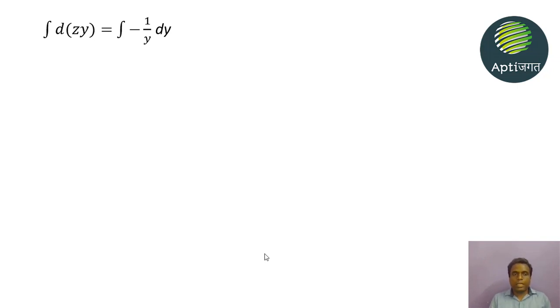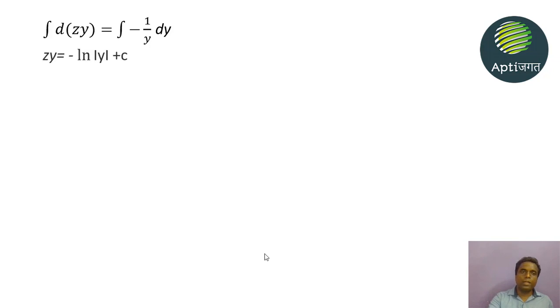The given equation can be integrated into the generalized form of d of zy. So if we integrate, d of zy equals the integration of minus 1 upon y dy.